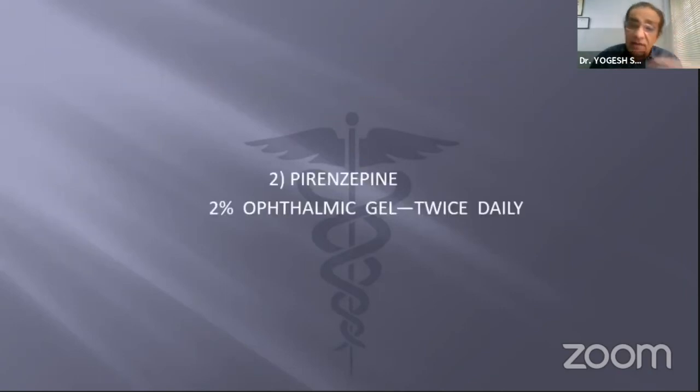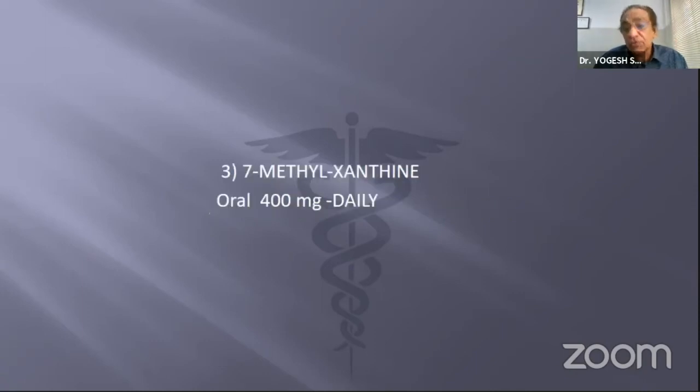Pirenzepine is another drug which comes as 2% ophthalmic. It acts specifically on the M1 only, and thus helps in our control of myopia, acting on the retina and the sclera. Methylxanthine, not available in India, also is an M1, M2 receptor blocker, and it can be used like this.